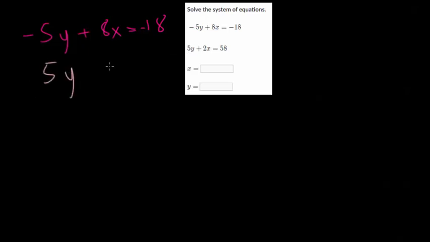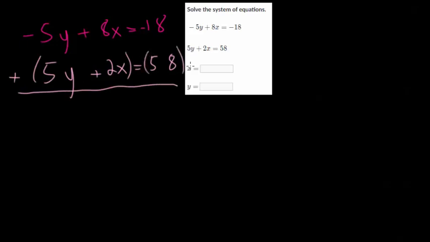So we'd have that 5y plus 2x equals 58. And since they're opposites, if we add them, then that should eliminate the y's, because minus 5y plus 5y would give us our 0y. Let me actually use a different color. And here 8x plus 2x would be 10x, and 58 minus 18 would be 40.